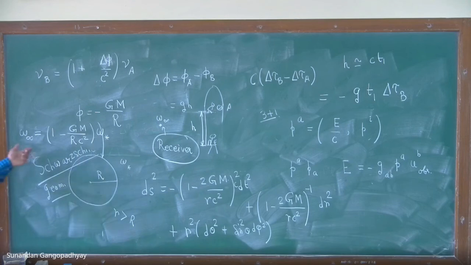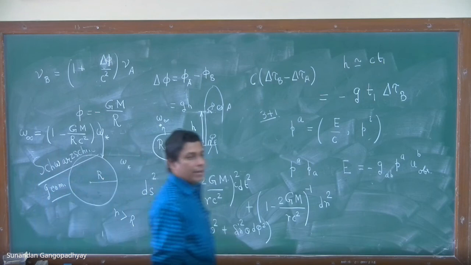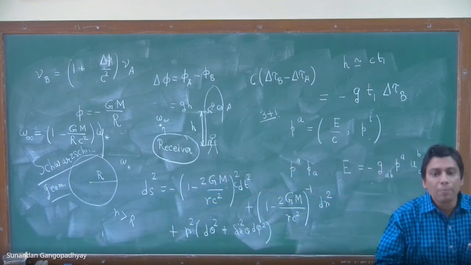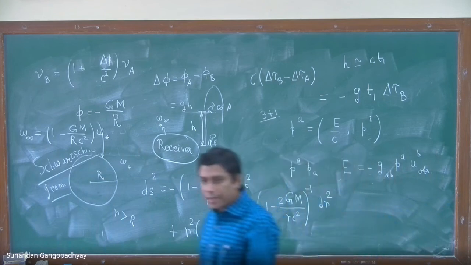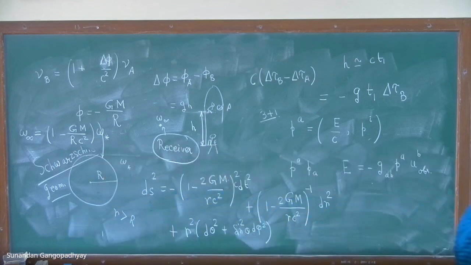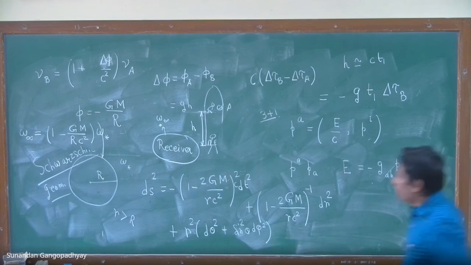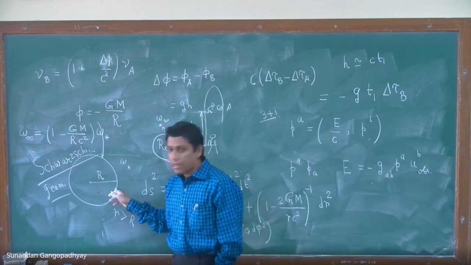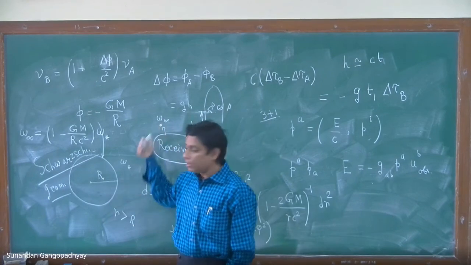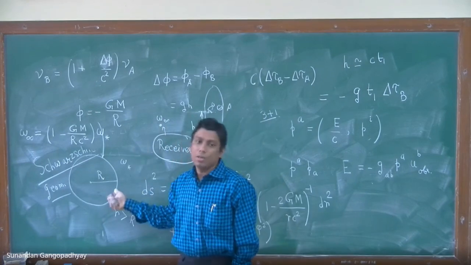So he will receive the signals at a lower rate. In a given interval of time, he will receive fewer signals. The rate at which he receives the signals will be smaller. So for the guy sitting on the surface of the star and sending signals, the guy at infinity will see this clock run slow.